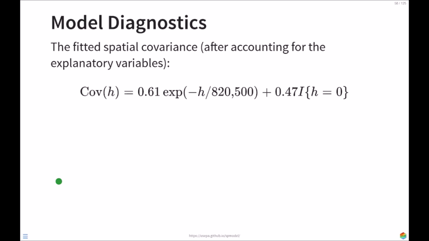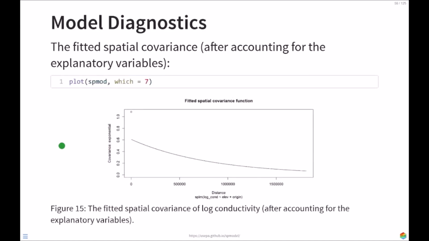So if we go back to the actual parameters de, ie, and range, and knowing that we have an exponential form, we can actually plug those values in and get the fitted spatial covariance curve according to the model. So this is what it looks like. We also have this available as one of the plot outputs. And so we see here the distance decay of the covariance with distance.